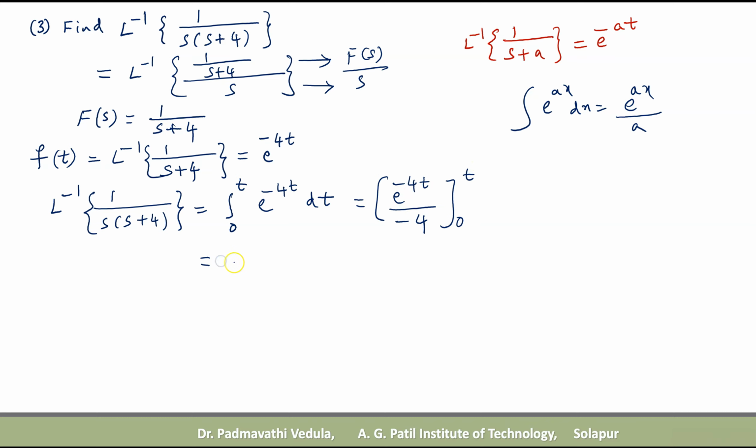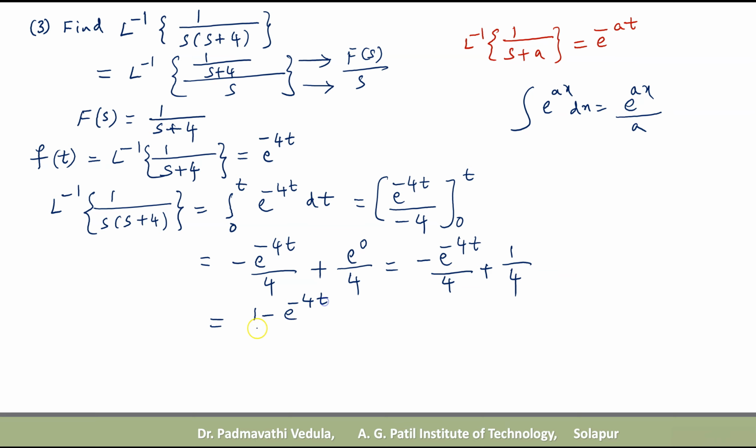So which is equal to minus e power minus 4t upon 4. Whenever we apply the lower limit, this becomes plus e power 0 by 4, which is equal to minus e power minus 4t by 4 plus 1 by 4. If we take LCM, we get 1 minus e power minus 4t upon 4. So L inverse of 1 by s into s plus 4 equal to 1 minus e power minus 4t upon 4.